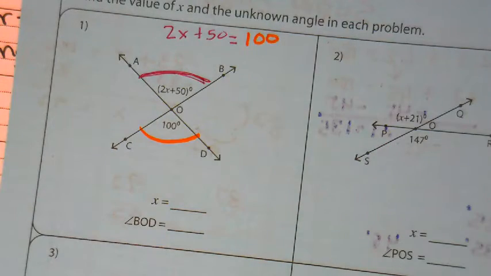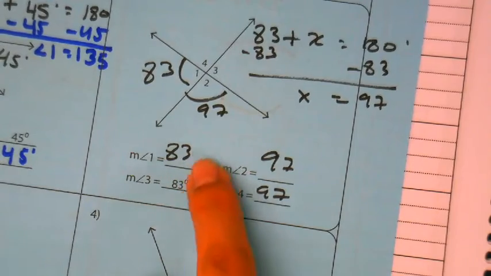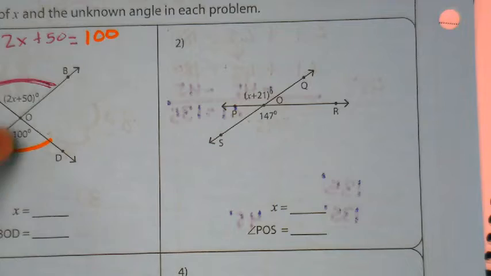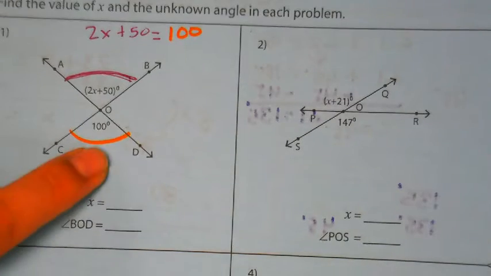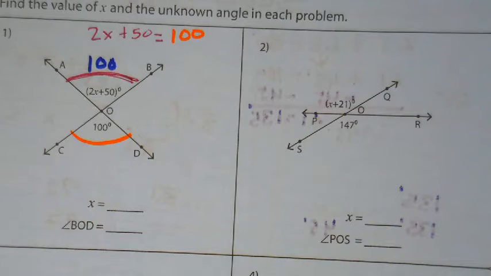They're equal to each other. Why are they equal to each other? Because they're vertical. You just told me 1 and 3 are equal to each other. You just practiced that, so this is the same thing. If this is 100, you know that this is 100. But I'm not asking you for this angle.